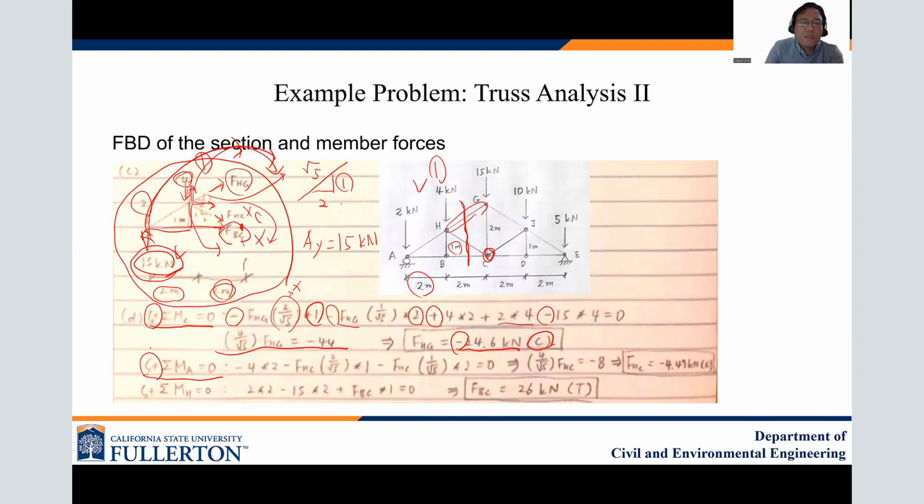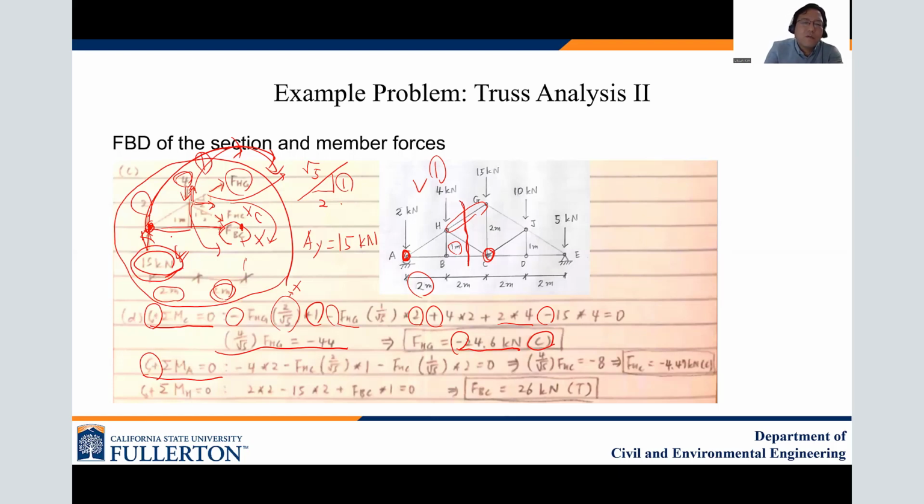So for sigma MA equals 0, counterclockwise is positive, the same thing. I don't want to repeat this one, but now the pivot point is A, okay? Sorry, I already messed up here. With the free body diagram, once again, the 2 kilonewton and the 15 kilonewton reaction cannot create moment because there's no moment arm.